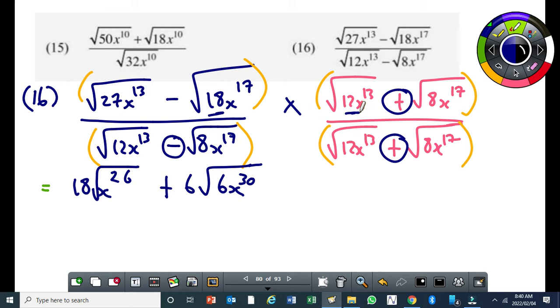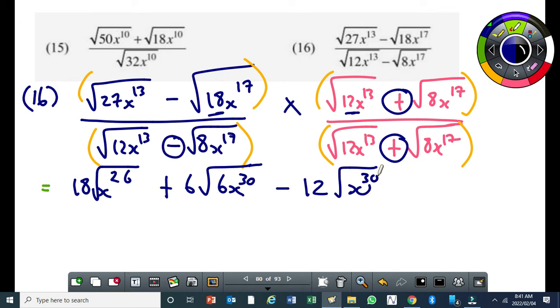So we end up having minus 3 times positive 2, that will give us a negative 6. Okay? So we end up having root 2 inside here and also root 2 there. So if you multiply the 2, you get 12. So I can put a 12. Right? Are you following that? Right? So you end up getting 12 times the square root of x to the power of 30.